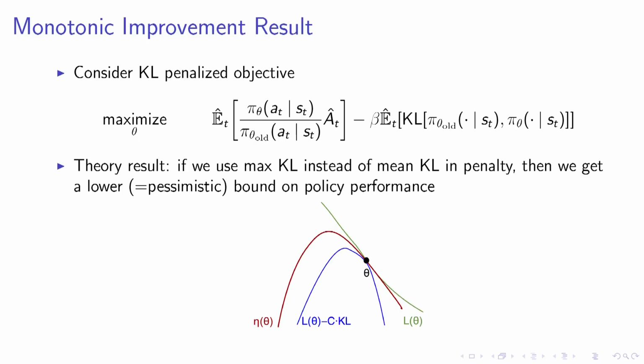If we try to maximize that, we'll go all the way over here. Then if we add in the penalty, we end up with this blue curve, which now becomes a lower bound on the performance. If we maximize this blue curve, we end up over here. And since it's a lower bound, we're going to make more improvement on the real thing than we did on the lower bound. So we're guaranteed to make at least as much improvement on the real performance if we optimize this lower bound.